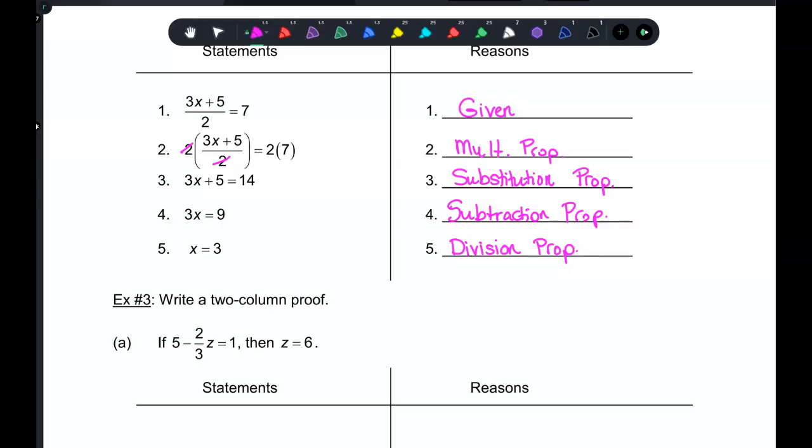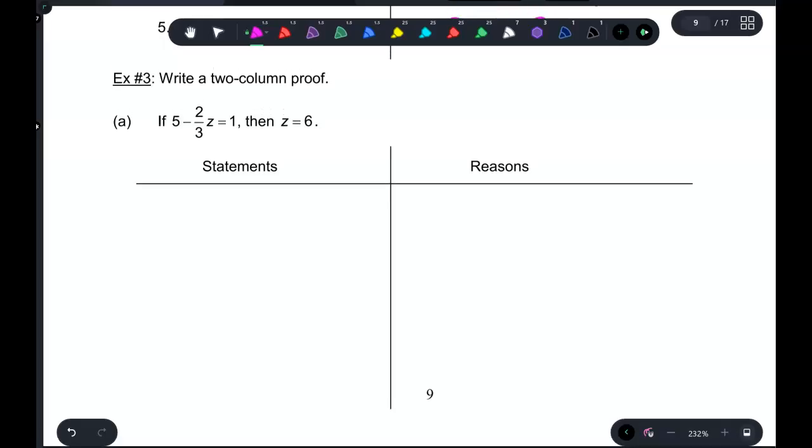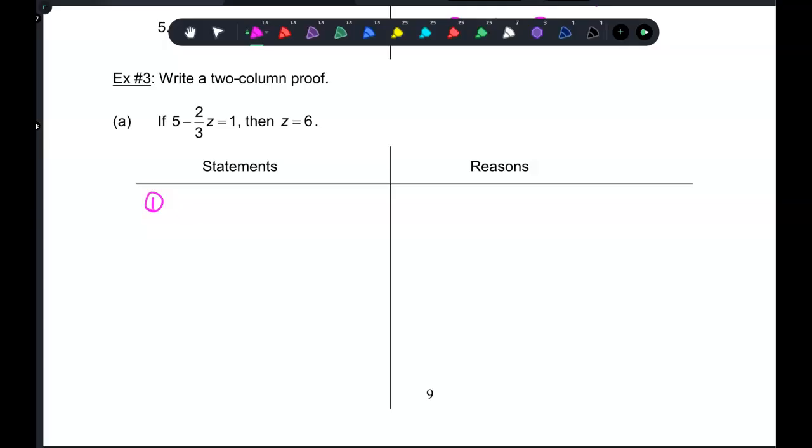Okay. Let's try one that doesn't have the list of steps. Now, we talked about proofs can be done in multiple ways, so can an algebra proof. It depends on what you want to do next.